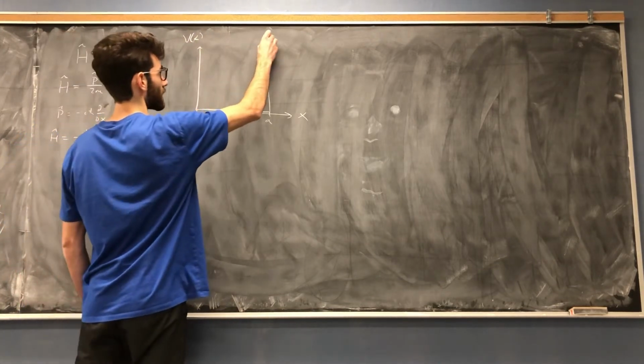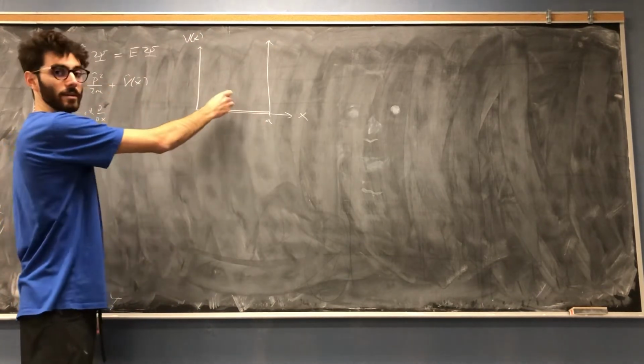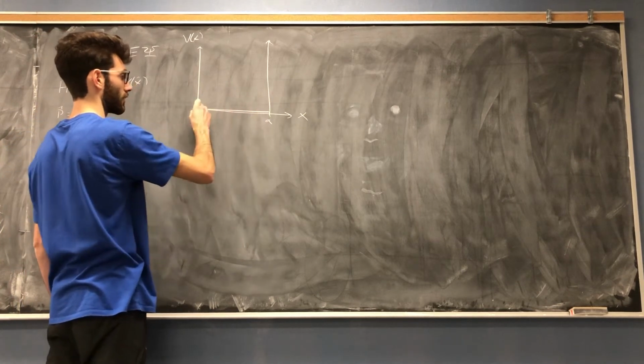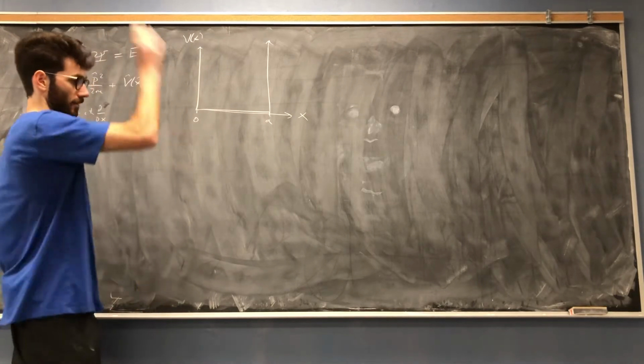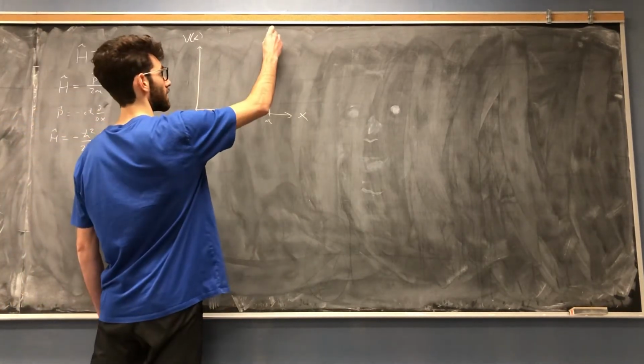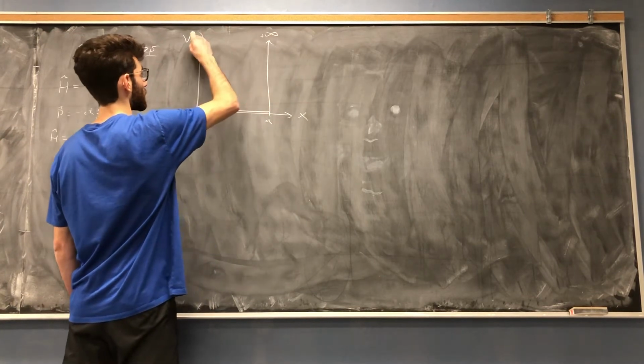The idea is that it's basically a free particle in this inner region, but it's enclosed by walls that are infinitely high potential, so the particle basically has no chance of being there. So this is like at infinity over here.